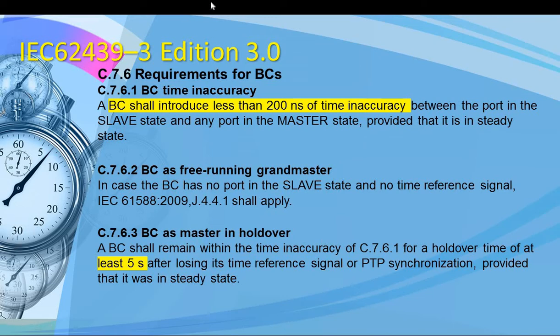For holdover mode, the boundary clock requirement is to keep 200 nanoseconds for at least 5 seconds.